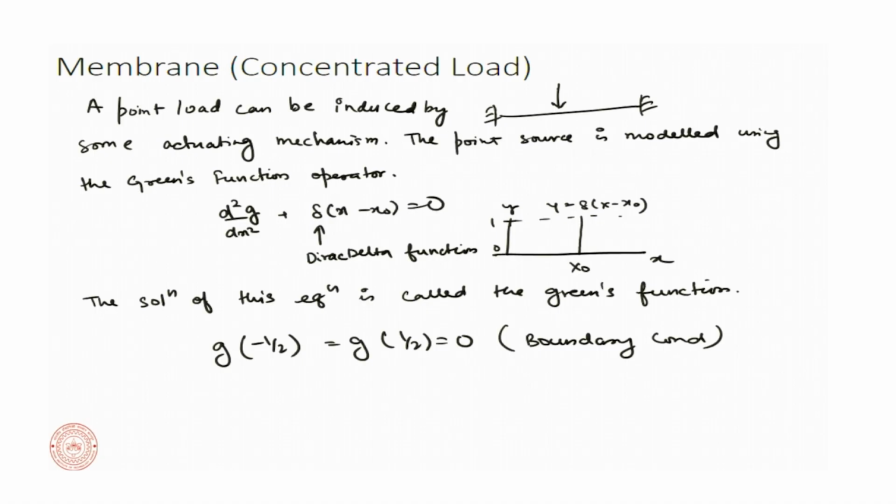Then how do we solve this? The first thing is that we will use the property of the Dirac delta function. We know that d squared g by dx square equals 0, since the Dirac delta is 0 everywhere if x is not equal to x naught.